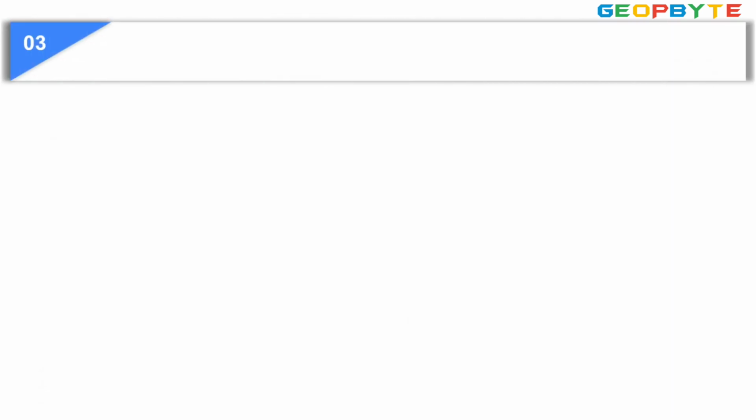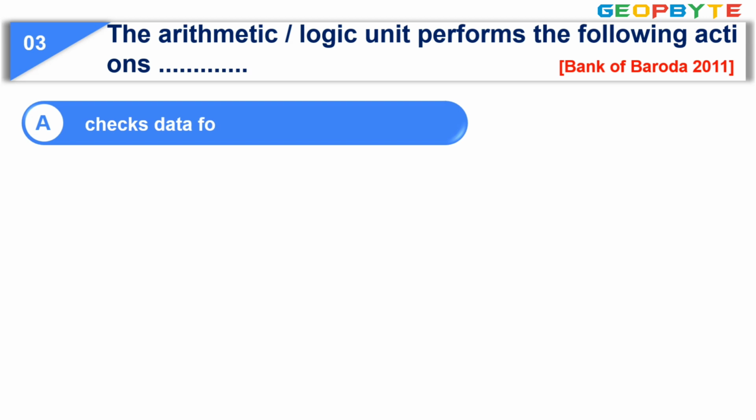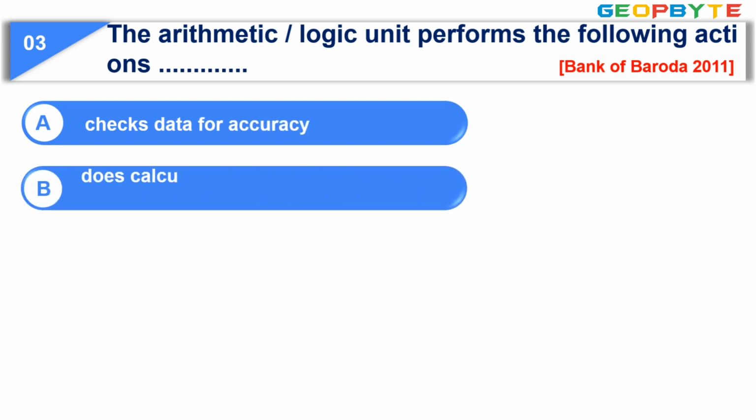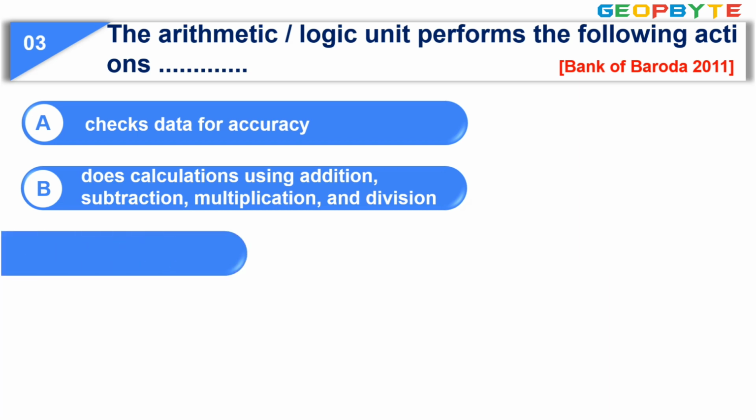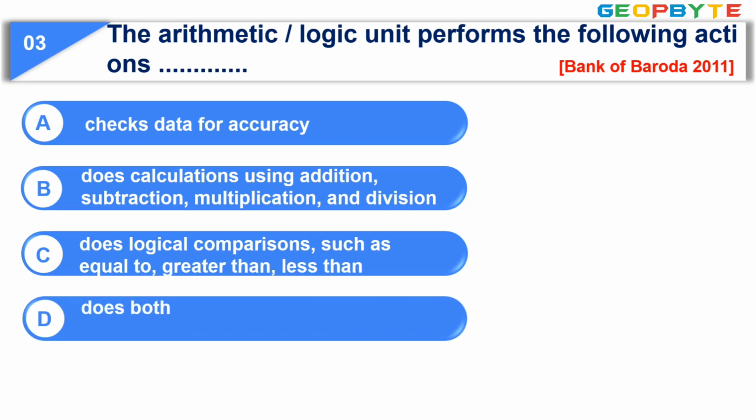Next, moving to question number 3. The arithmetic or logic unit performs the following actions. Option A, checks data for accuracy. Option B, does calculations using addition, subtraction, multiplication, and division. Option C, does logical comparisons such as equal to, greater than, less than.